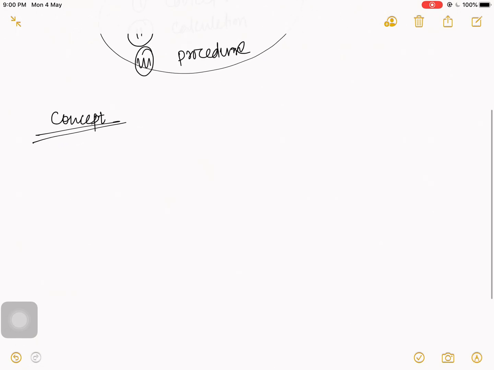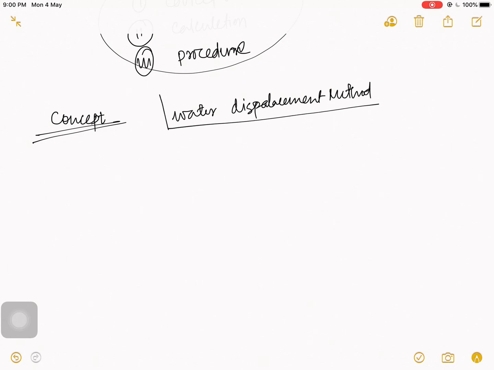In the last video I talked about the water displacement method. In the water displacement method the concept was buoyancy.